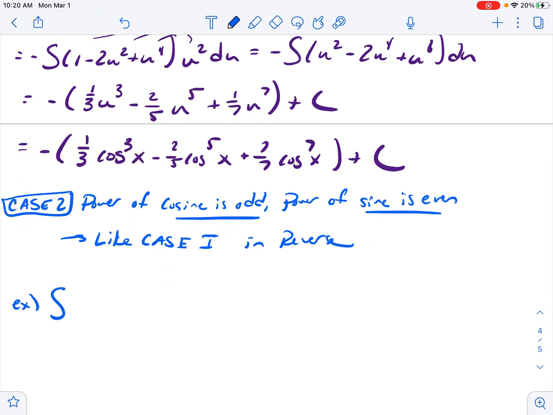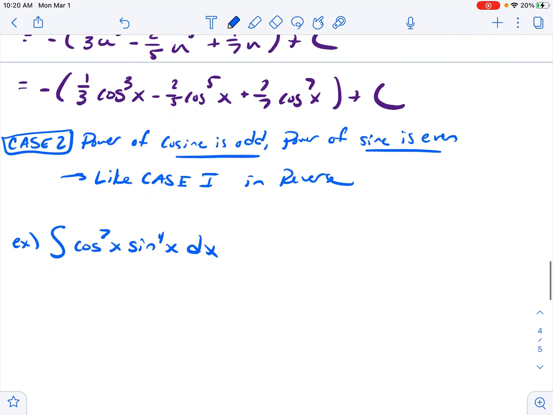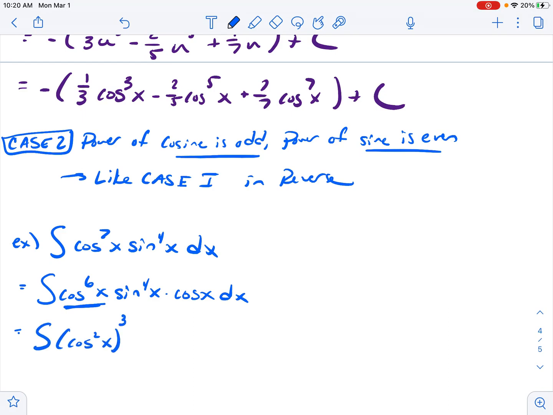So we have the integral of, say, cosine to the 7th power of x, sine to the 4th x dx here, okay? So cosine has the odd power, so this is where we're going to break one cosine off. So I'll have cosine to the 6th, sine to the 4th, and then my extra cosine over here.